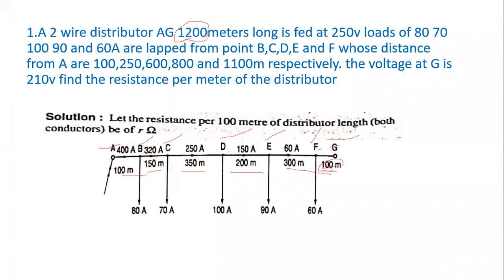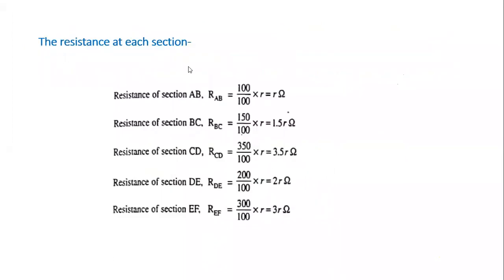Then we calculate the voltage drops by using that formula. These are the various loading points. Next. First of all, we calculate the resistance at each section.